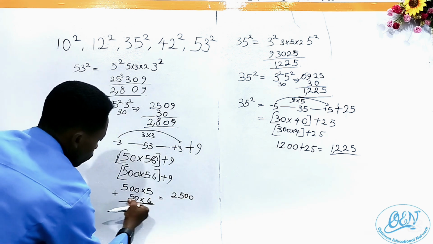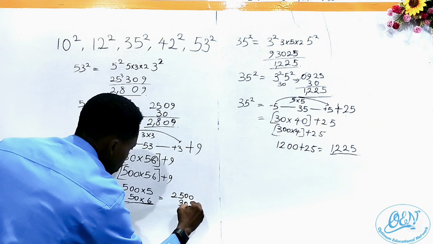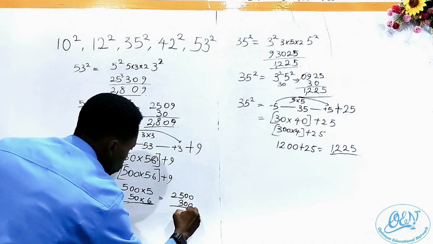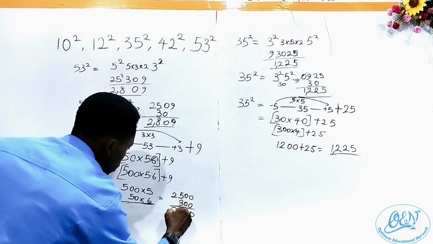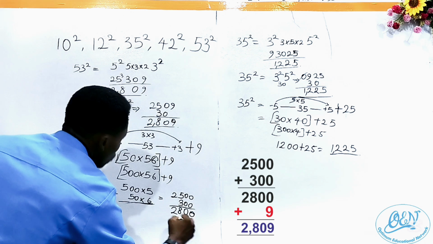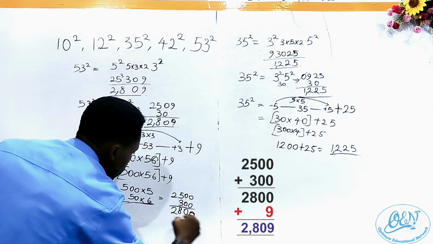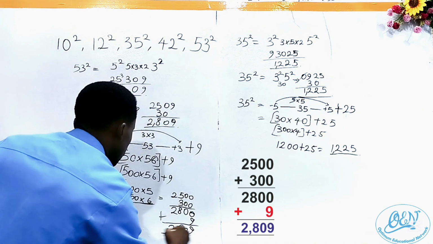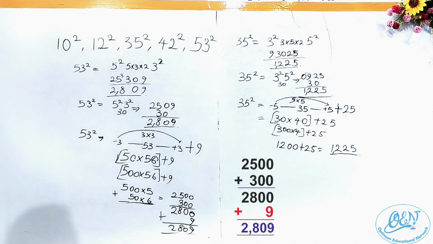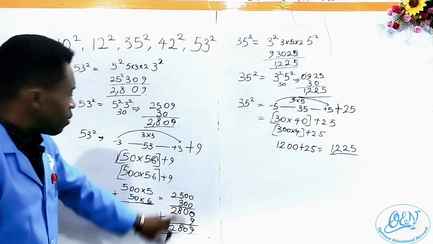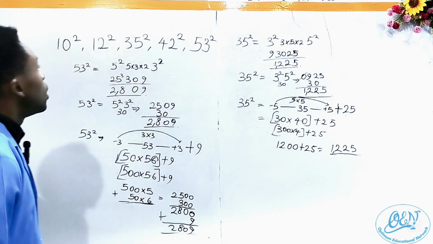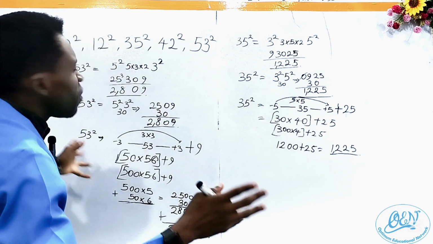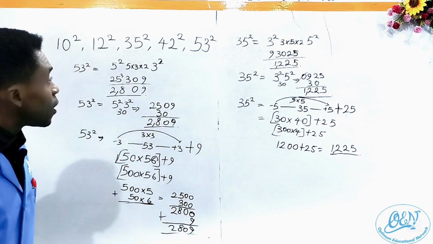Then 50 times 6 is 300. You have 0, 0, 8, 2. Then plus 9. So you have 2809. So whatever method you choose to use, you get the same answer.